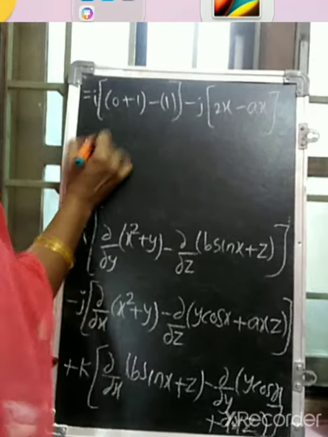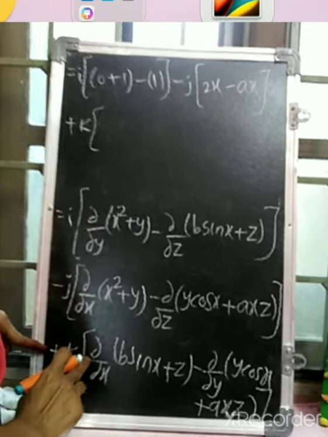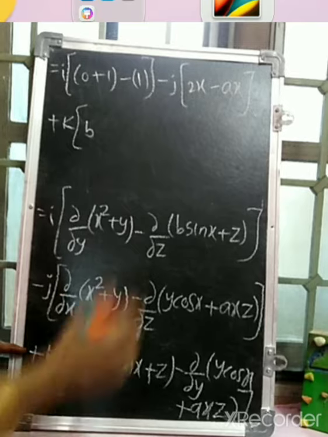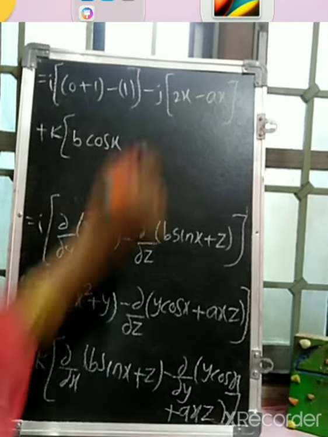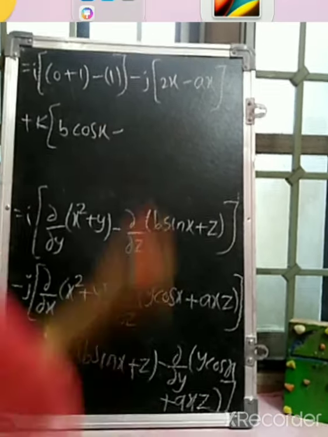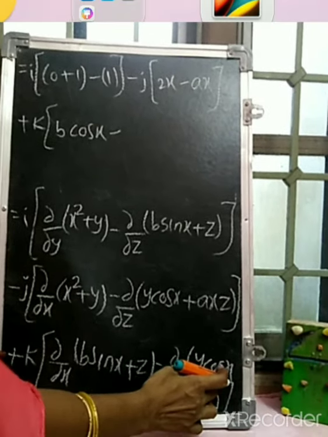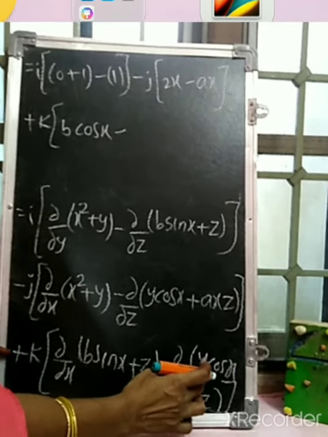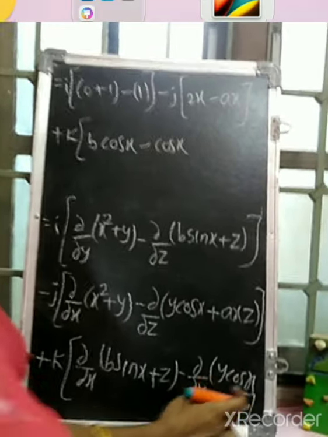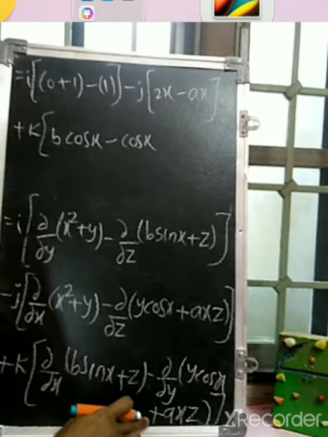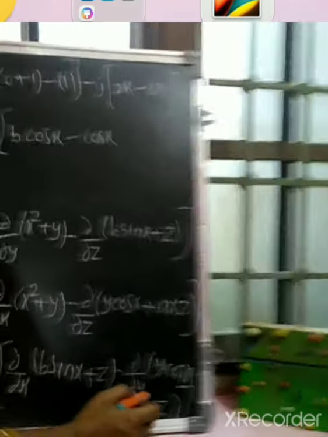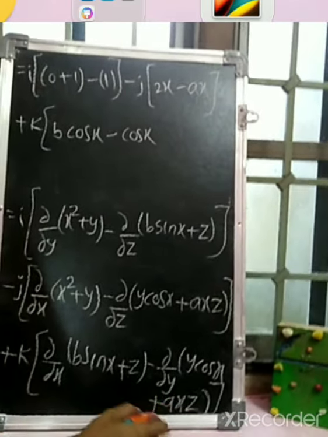Plus k into dou by dou x of b sin x plus z: b is constant, the derivative of sin x is cos x, and the z term gives 0. Next, minus dou by dou y of y cos x plus axz: cos x is constant with respect to y, so this is cos x, and in the term axz there is no y, so this value is 0.